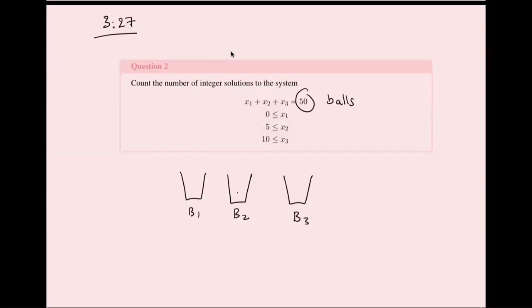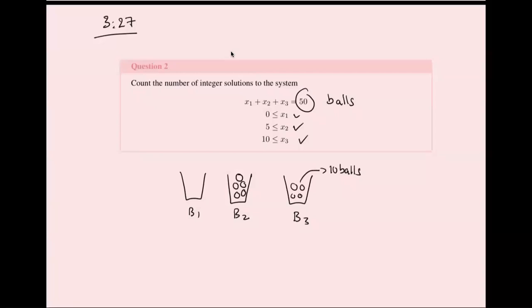In order to fulfill that, I can just put 5 balls into bin 2 before doing anything else, so that for sure, in bin 2, there will always be at least 5. And for bin 3, I will put 10 in them to make sure that bin 3 always has at least 10. And after that, I can distribute the balls however I want, because now I already satisfy the 3 conditions.